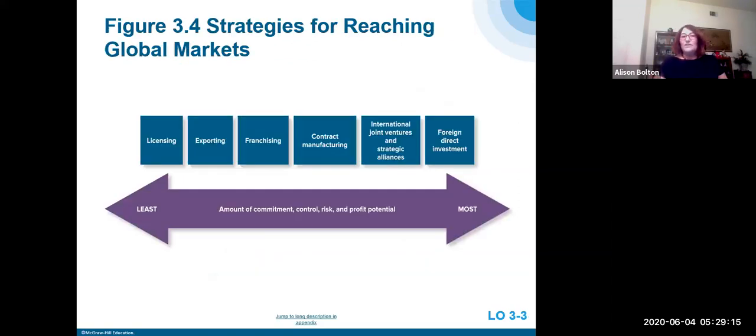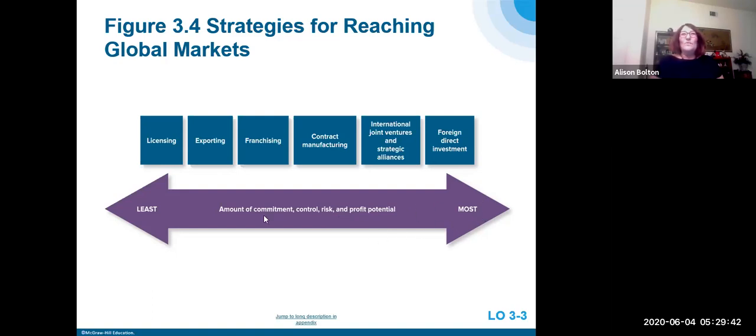So we have strategies for reaching global markets. I'm going to define these terms in a minute, but I just want to look at this chart initially, because the bottom line is amount of commitment, control, risk, and profit potential. On the left side is the least amount of risk, the least control and the least profit potential, with the most being to the right.